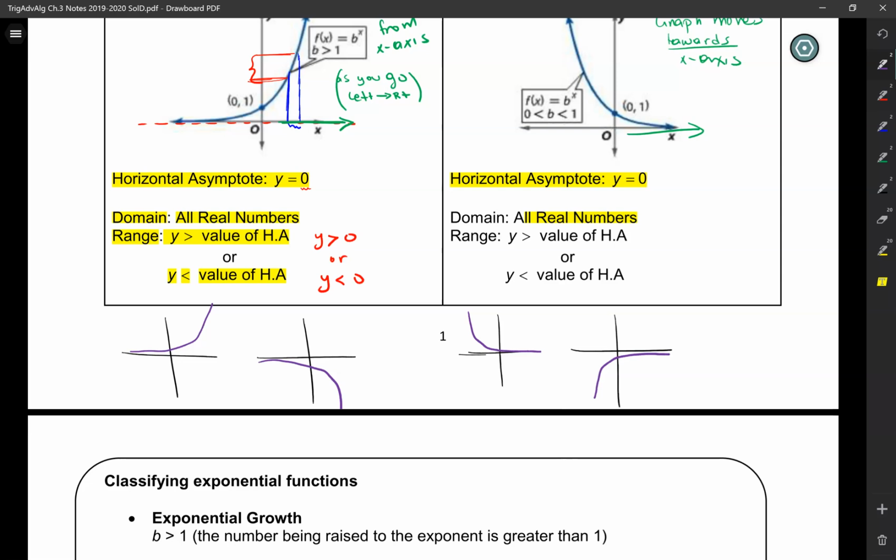Think of this like the national debt. At some point, let's say a country owed $3 billion. That's how much they're in the red, how much they're in the negatives, $3 billion. Then the economy gets bad, and now they owe $50 billion, and then $1 trillion. So the debt is exponentially growing. What about if it was above the x-axis?